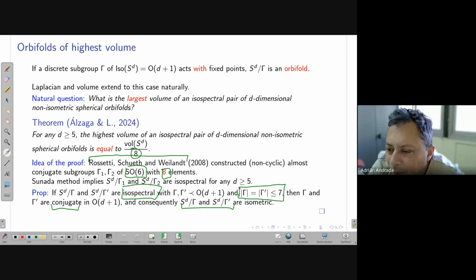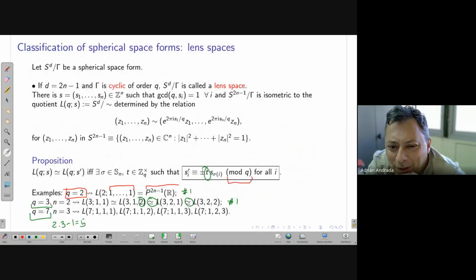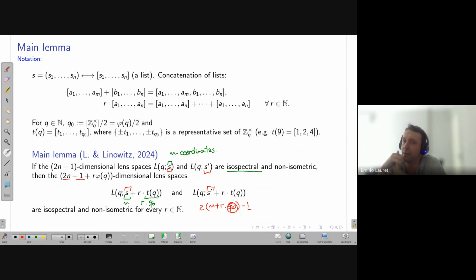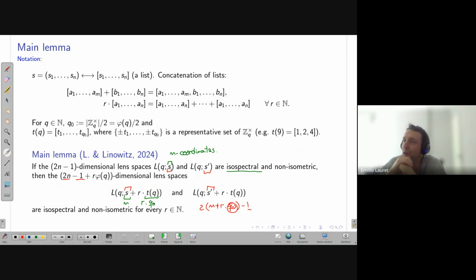Okay. And the other thing about this work that you have with Linowitz, I guess, do you say something about the isospectrality on p-forms? I studied this case a lot. It has been already five or six years. But yes, I actually made a computational paper.